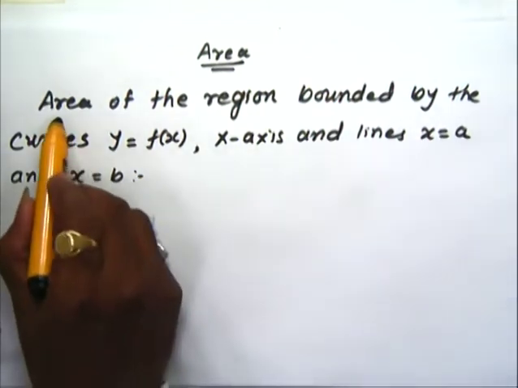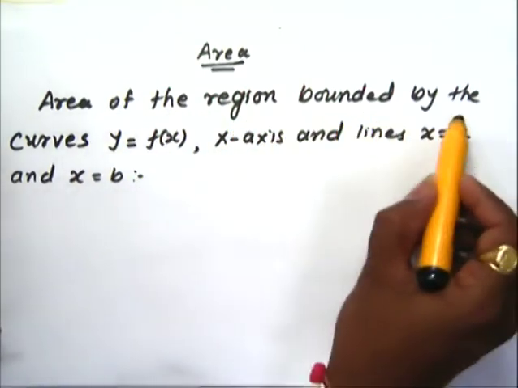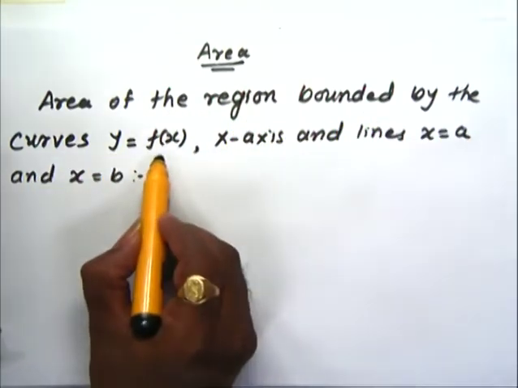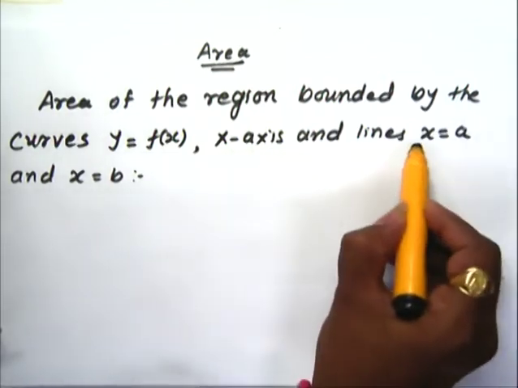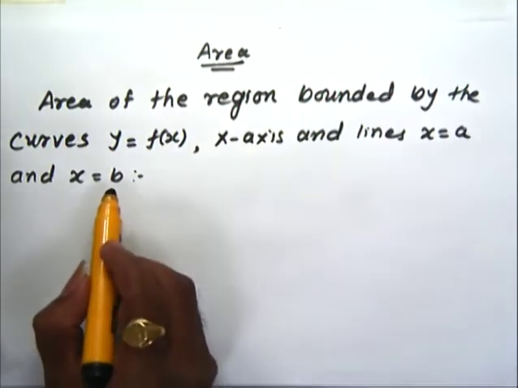We will find the area of the region bounded by the curves y equal to f(x), x-axis, and lines x equal to a and x equal to b.